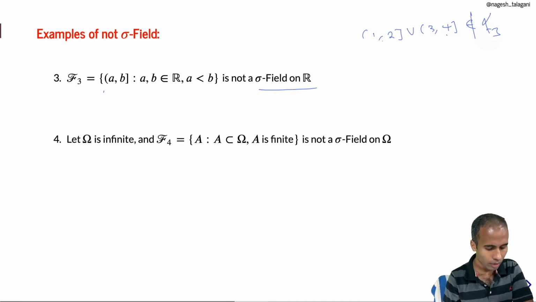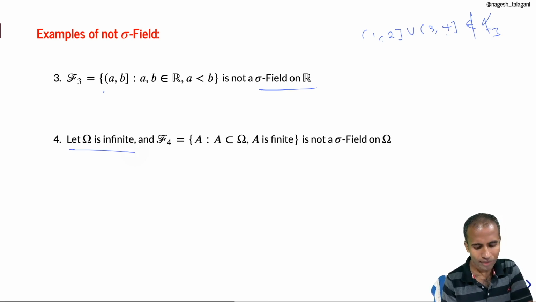And next, let omega be an infinite set, and let script F4 consist of all finite subsets of omega. Then this is not going to be a sigma field on omega.